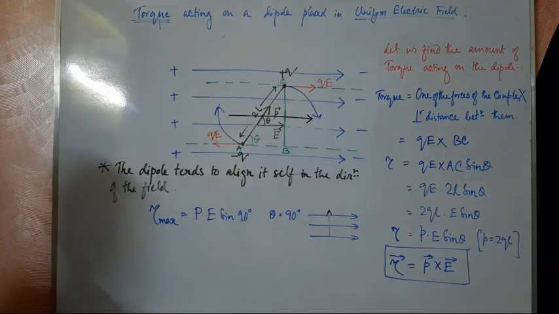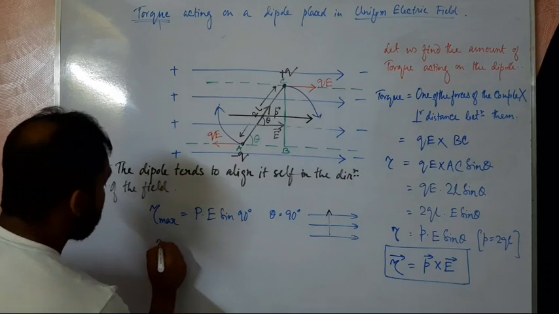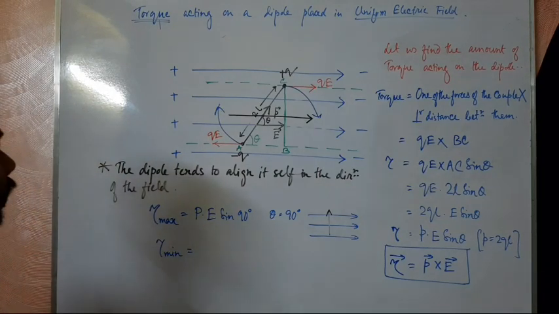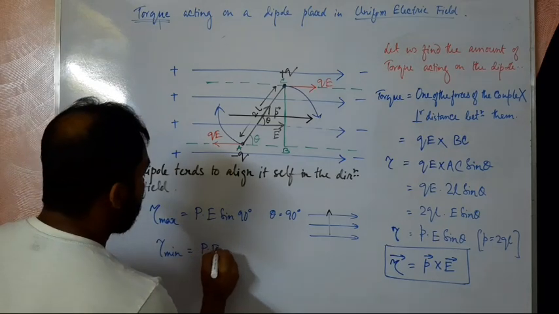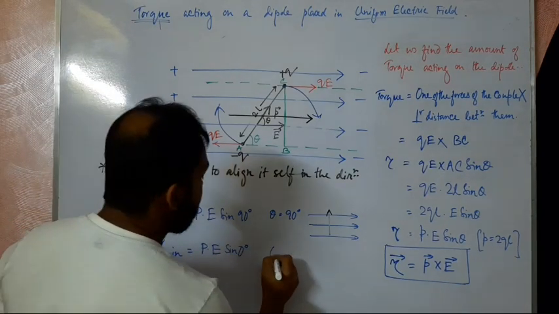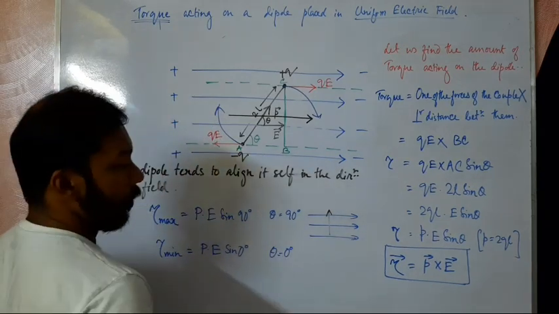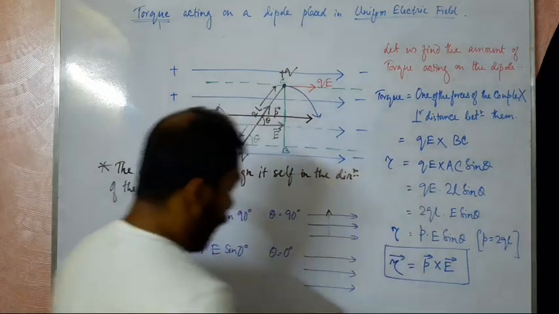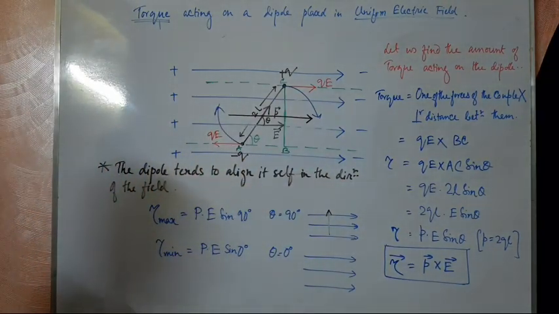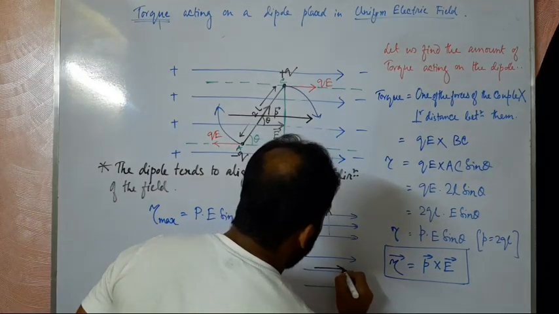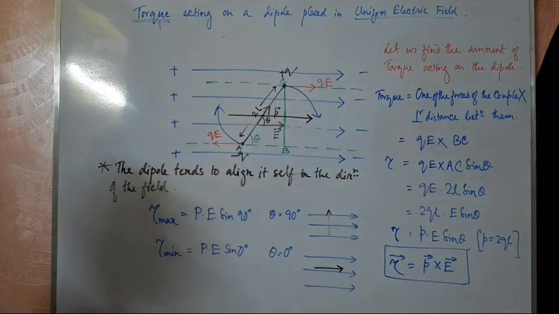And when will it be minimum? The minimum torque will be PE sin 0 degrees. That means theta equals 0 degrees. Theta equal to 0 degrees means the dipole is parallel to the electric field.